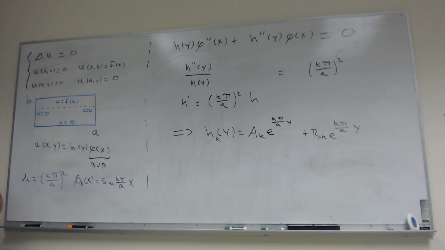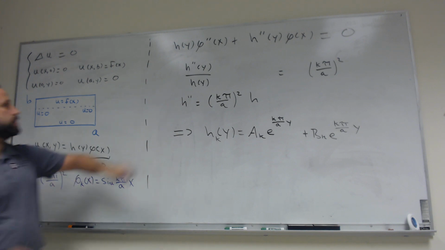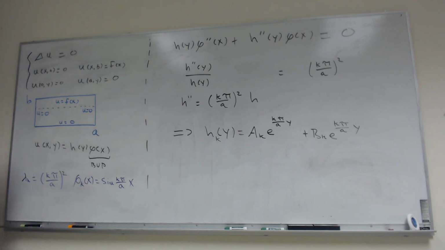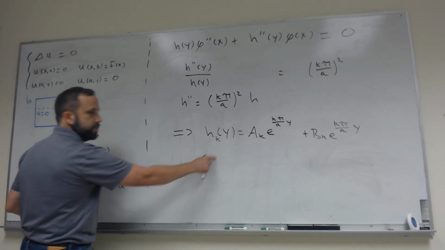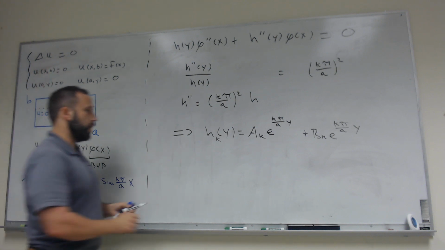Now I'm basically going to erase this entire right side of the board. The solution is going to be a sum of the phi k times the h k's, and that's what I'm going to write.